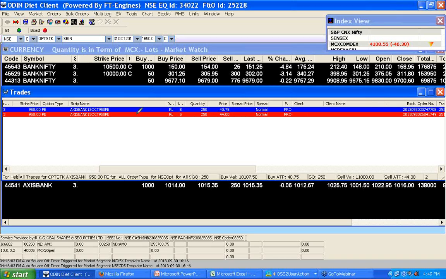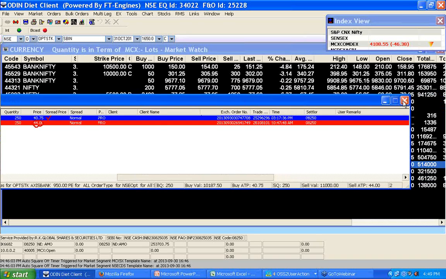I closed the trade, sold the 950 put option at 44, and simultaneously I bought it back around 41 to 44. You can see the timing here: 10:47 I sold it off, 3:17 I bought it back.